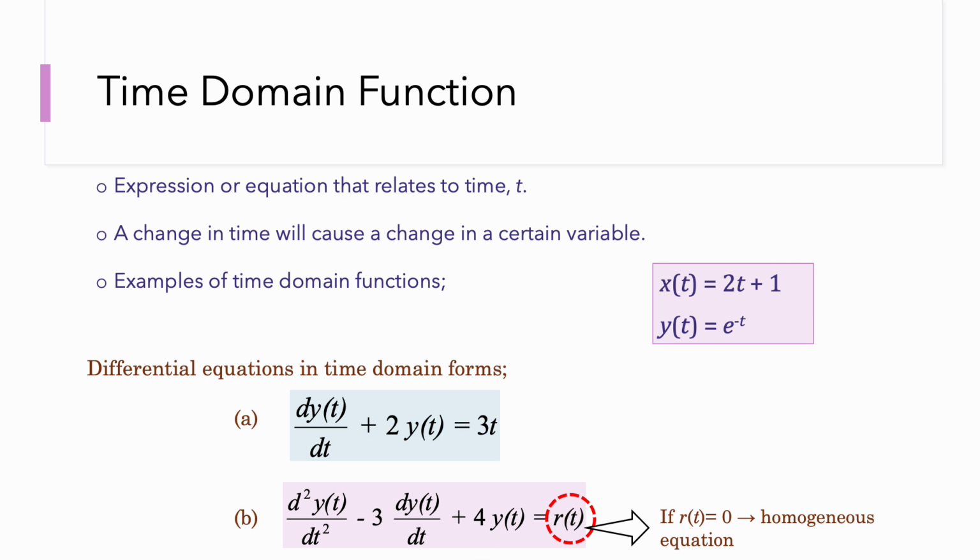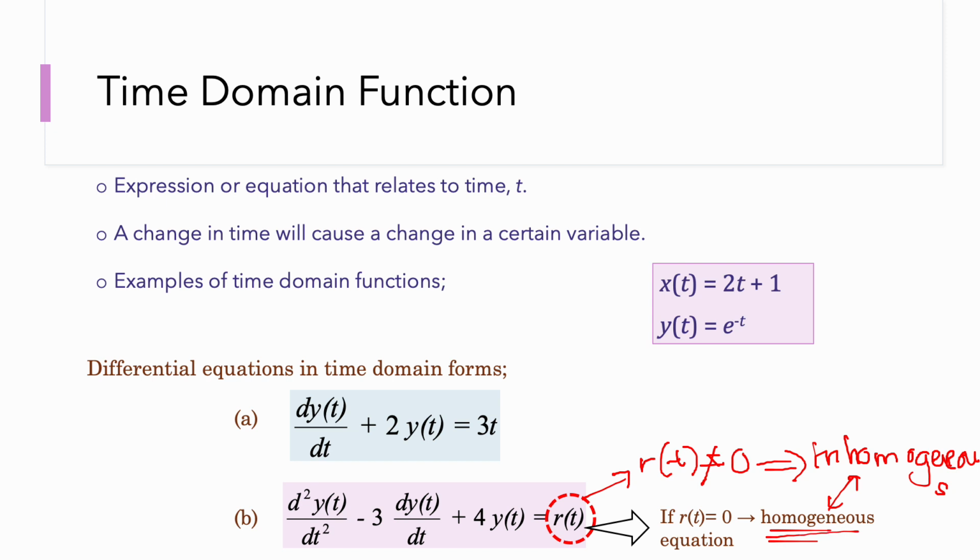However, if the output is not equal to 0, let's say r(t) is not equal to 0, we call that particular equation an inhomogeneous equation, which is the opposite of it. So if the output is equal to 0, it is known as a homogeneous equation. If the output is not equal to 0, it is called an inhomogeneous equation.